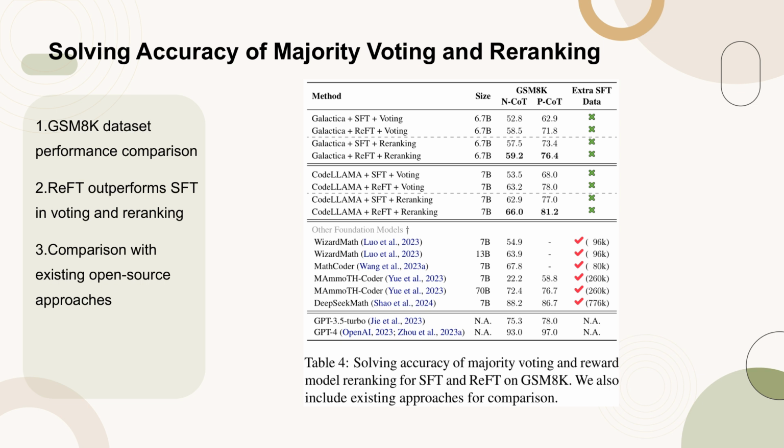Additionally, ReFT with re-ranking shows more than a 3-point improvement over SFT with re-ranking. The table also includes comparisons with existing open-source approaches, demonstrating that the best PCOT variant of ReFT achieves the highest accuracy of 81.2 on GSM-8K, surpassing even GPT 3.5 Turbo.